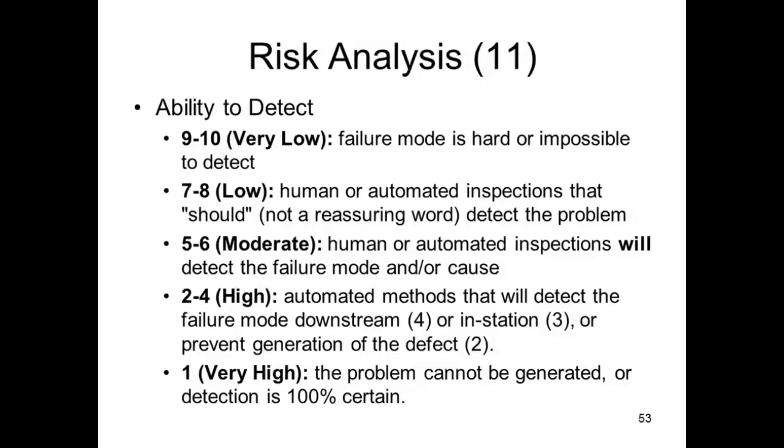Now, when we get down to automated, to get a 2 to 4 high-level detection, we have to have automated methods. 1 very high, the problem can't be generated or detection is 100% certain. Now notice in this case, anything that relies on worker vigilance can't get a detection rating of better than 6. The manual says machine-based is required for 5 or lower.